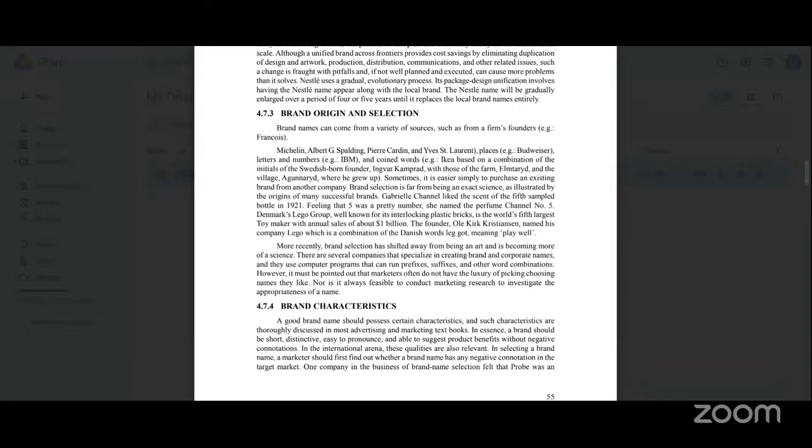What are these words? IKEA, based on the initials of the Swedish born founder, coined the words like, for example, based on the Swedish born founder, Ingvar Kamprad. So from that they derived the word IKEA.